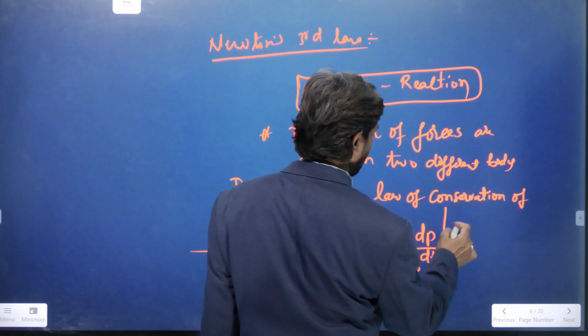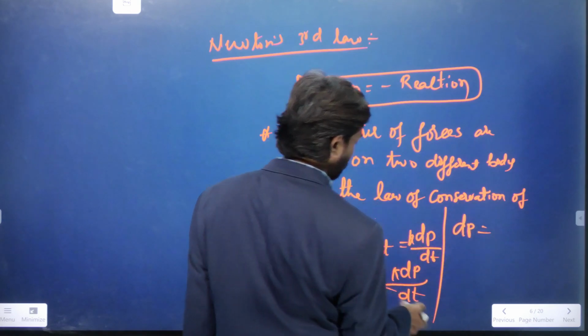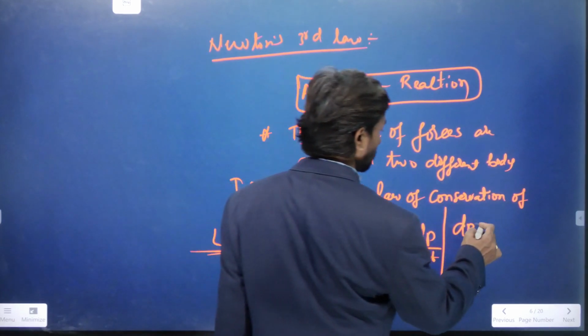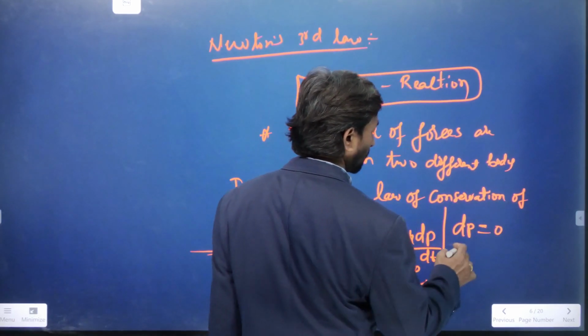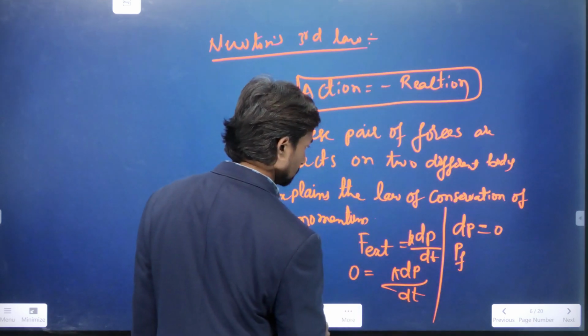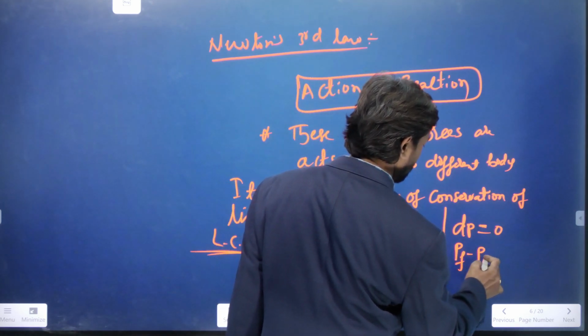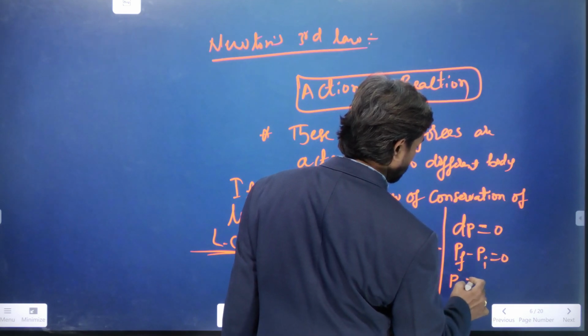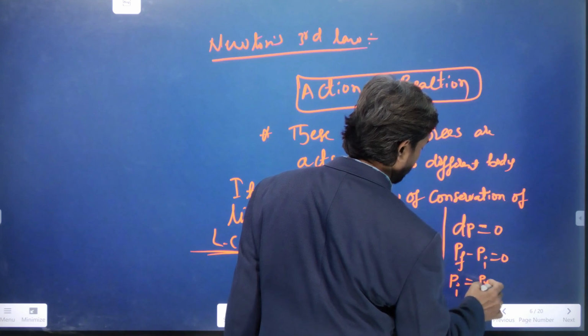So from this, if you send dt to that side, dp will be equal to 0. dp is nothing but the change in momentum, final momentum minus initial momentum, which is equal to 0. So initial momentum is equal to final momentum.